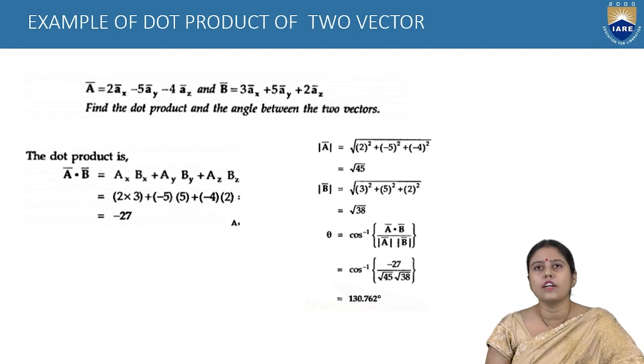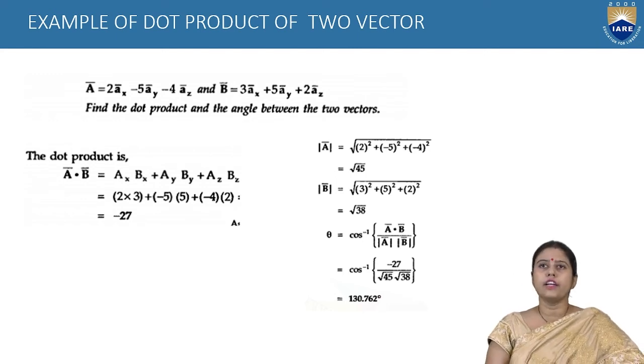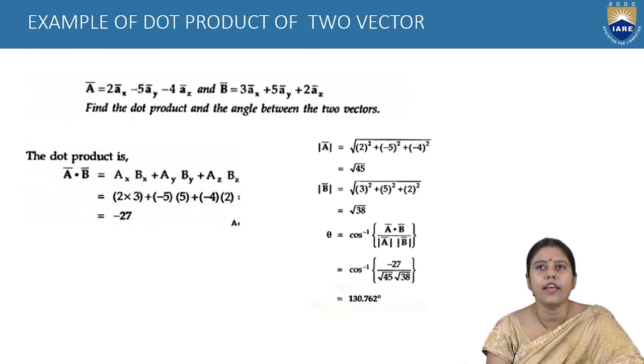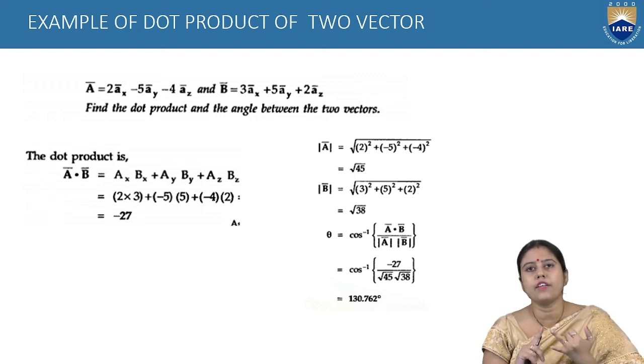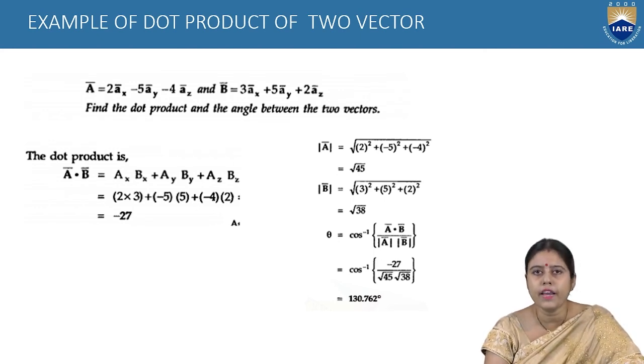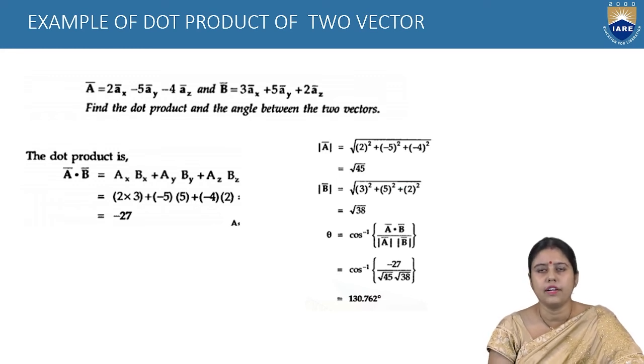So, we already got the dot product. How to get the angle? Now, what is the magnitude of mod A? We already know how to calculate the magnitude: root of coefficient of x squared plus coefficient of y squared plus coefficient of z squared. So mod of A is root of 2 squared plus minus 5 squared plus minus 4 squared. It is coming root 45. What is mod B? 3 squared plus 5 squared plus 2 squared, and it is coming root 38.